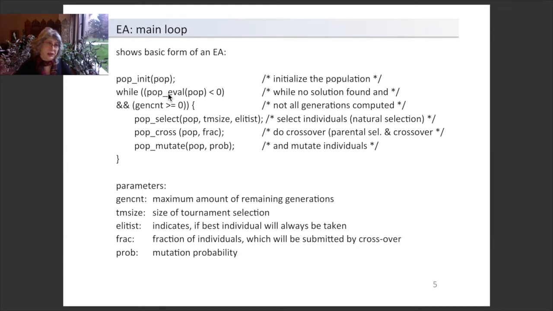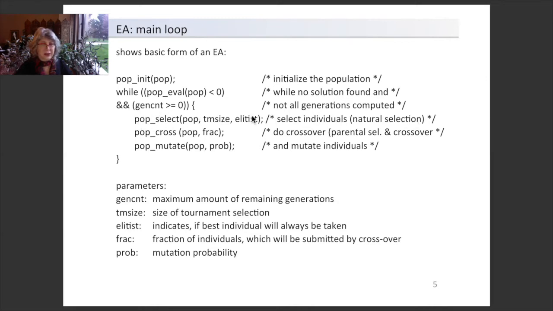While population evaluation, where pop is the parameter, is less than 0, which means that while no solution is found, and the generation count is greater or equal to 0, meaning not all generations are computed yet, then we apply population select from the population pop, with team size and another parameter, elitist. Select individuals, this is natural selection.